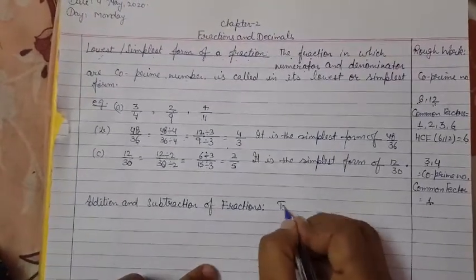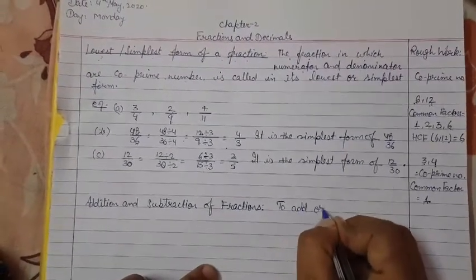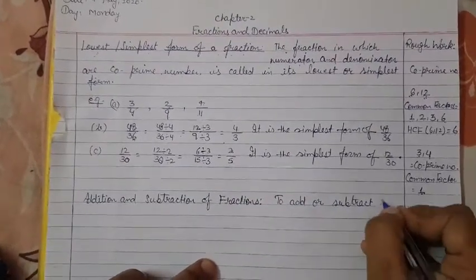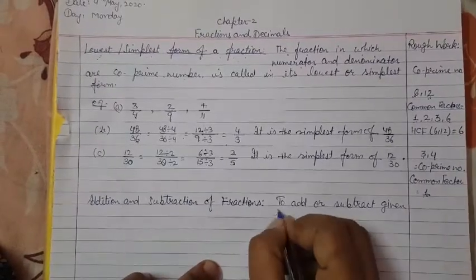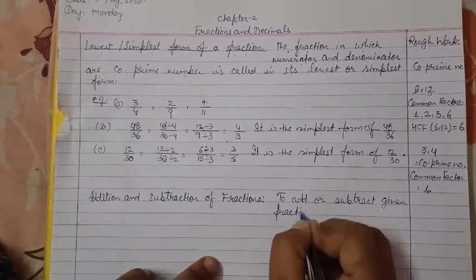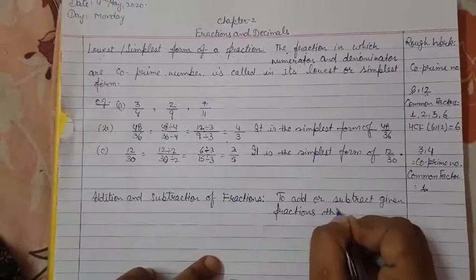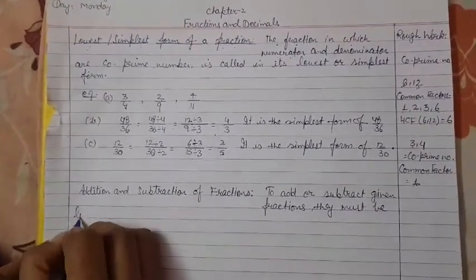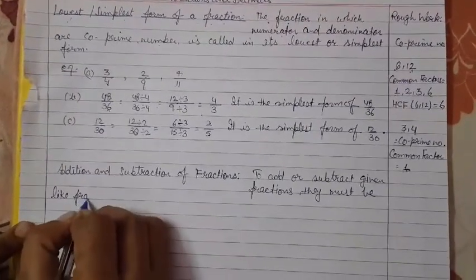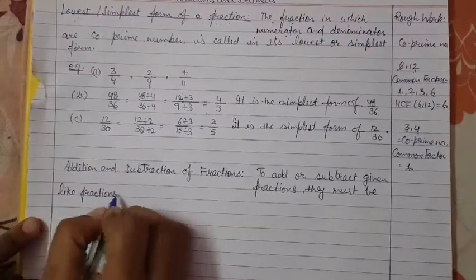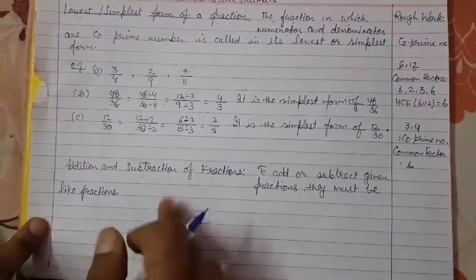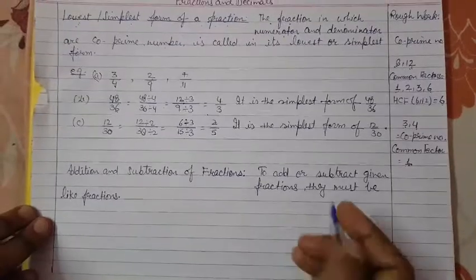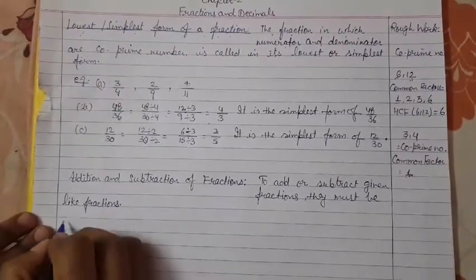To add or subtract given fractions, they must be like fractions. Means if we want to add or subtract any given fractions, then their denominators must be the same. They must be like fractions.